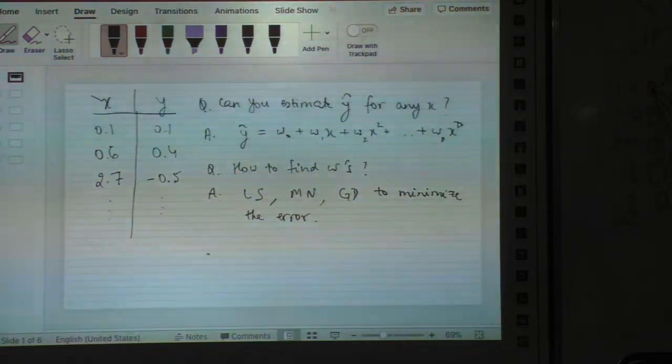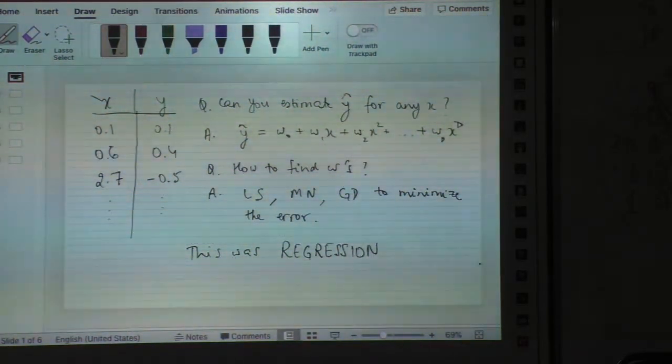This was the regression problem. What is regression? Regression means your output y hat is a continuous function.